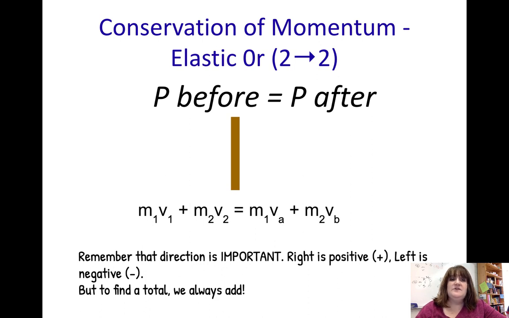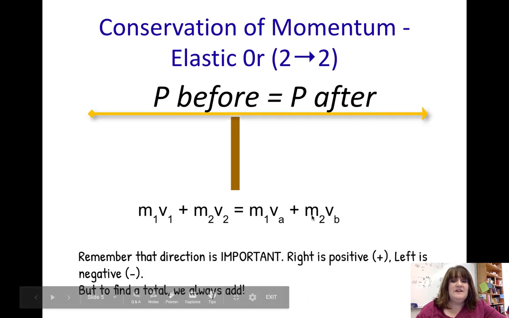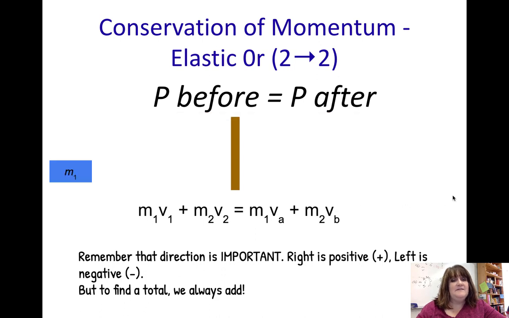So, here's your conservation of momentum. This is an elastic or a 2 to 2. The momentum before has to equal the momentum after. And this is your primary equation: momentum before equals momentum after. And this equation down here looks complicated, but it doesn't have to be, because we're simply talking about one mass and its velocity encountering another mass and its velocity, going maybe the opposite direction.